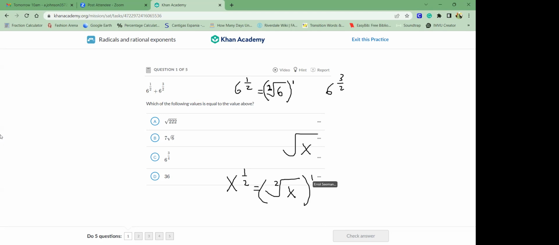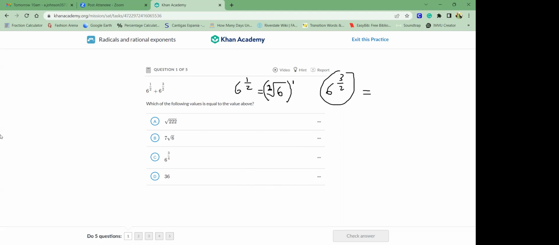So going back to this, what is that equal to? Where does the 3 go? Where does the 2 go? The number on the bottom goes on the inside. The 2 goes there. 6 goes there. And everything to the 3. Okay?